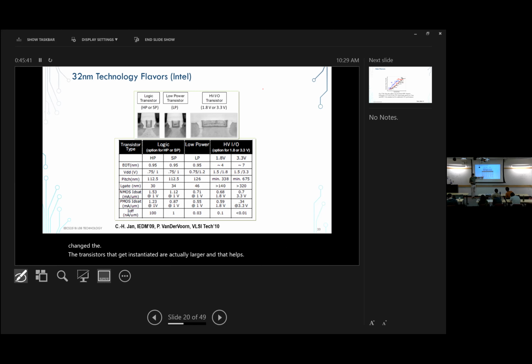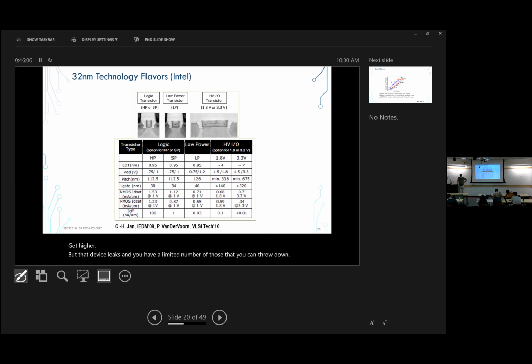They have higher thresholds as well, so as a result, they have less saturation current. And you can see this trade-off. If you're trying to design something high performance, you have to have lower threshold, get higher current, but that device leaks. And you have a limited number of those that you can throw down.